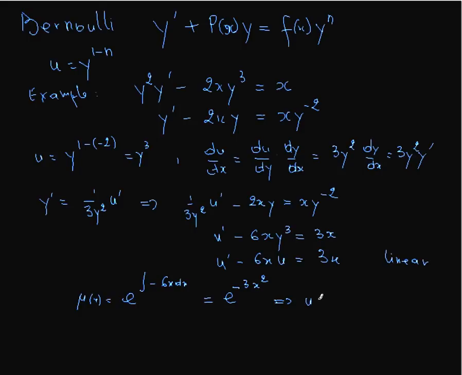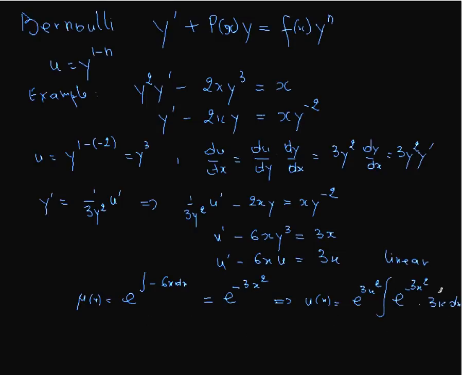Remember the formula for linear is u(x) equals 1 over mu(x), times the integral of mu(x) f(x) dx. Now 1 over exponential of minus 3x squared is just exponential of 3x squared. Then you write the integral of exponential of minus 3x squared, times f(x) which is 3x, dx.